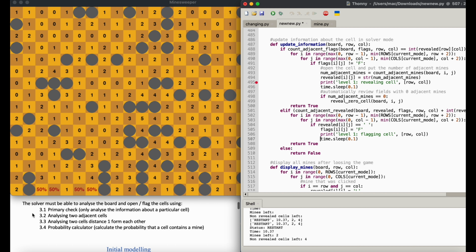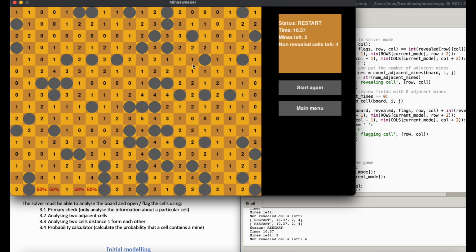So objective 3.1, primary check, only analyze the information about a particular cell. So on level 1, we only need to analyze the information about the cell, which means that we only analyze whether it already has the required amount of flags or it only has the required amount of non-revealed cells, which we cannot flag.